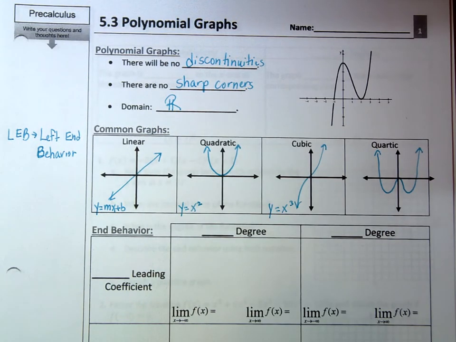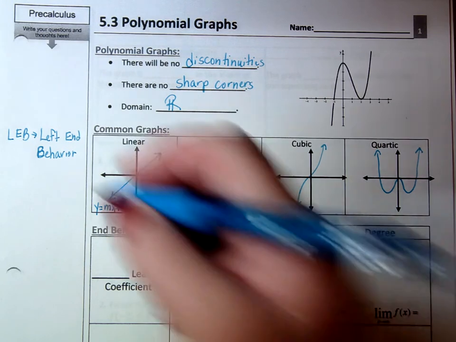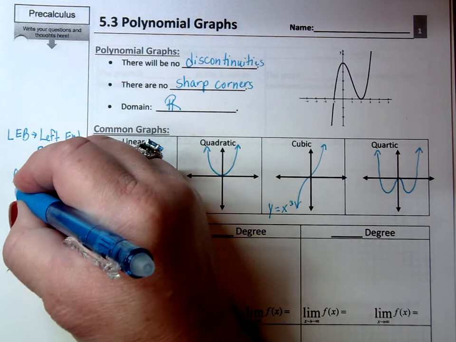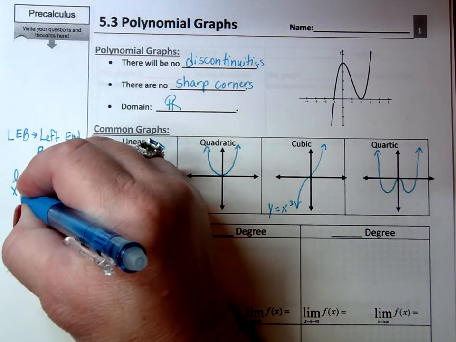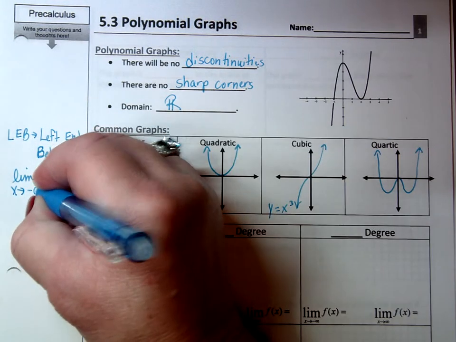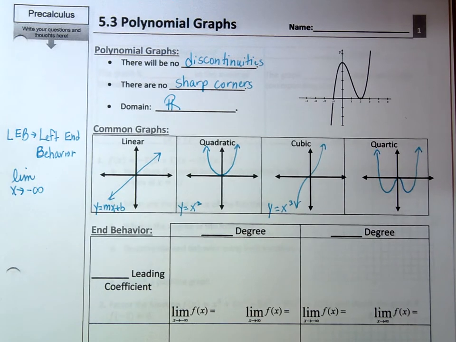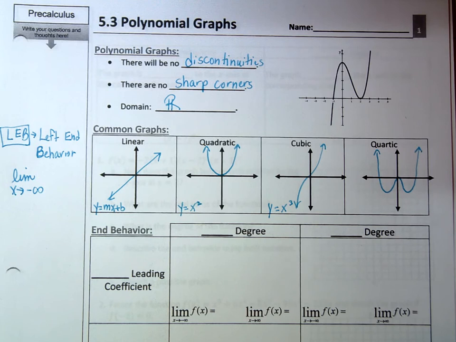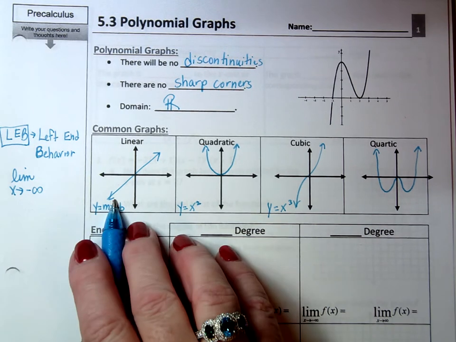In other words, what's it doing when I go far to the left? I'm going to put it in limit notation. Remember limits? I want to know what the limit is as x approaches negative infinity. That's my left end behavior. What's it doing far left? This one would be going to negative infinity.